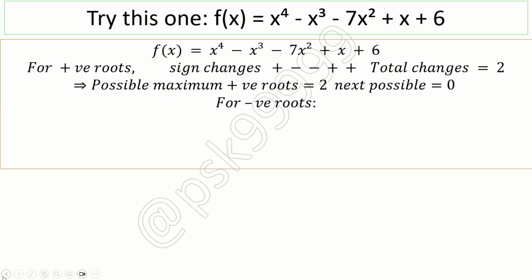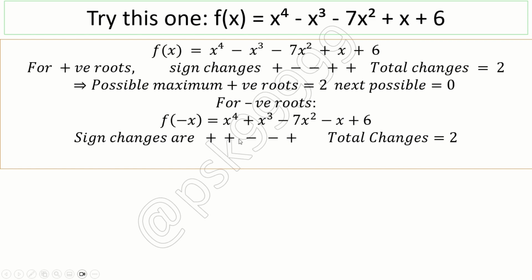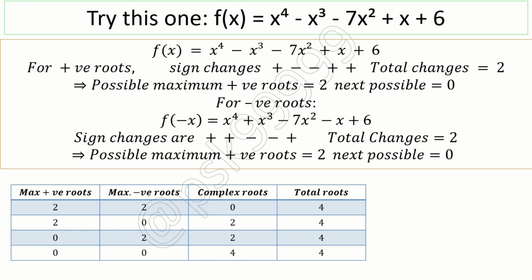Then for negative roots, f of minus x is x power 4 plus x cube minus 7x square minus x plus 6. Here sign changes are 1 here and 1 here, so 2. So 2 negative roots are also possible, 2 or 0. So my table looks like this.